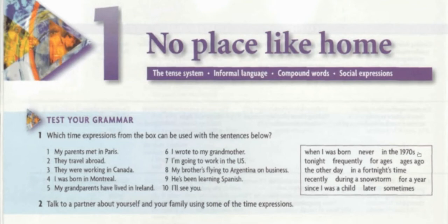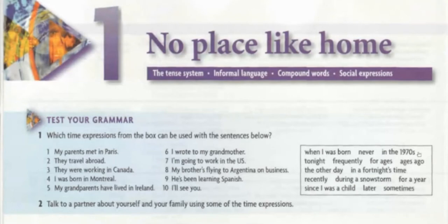Yes, very good, because we have to have 2 verbs, one in the continuous and the other in the simple tense. So we can say they were working in Canada when I was born. So we have 2 verbs, 2 actions, one continuous and one in the simple form.